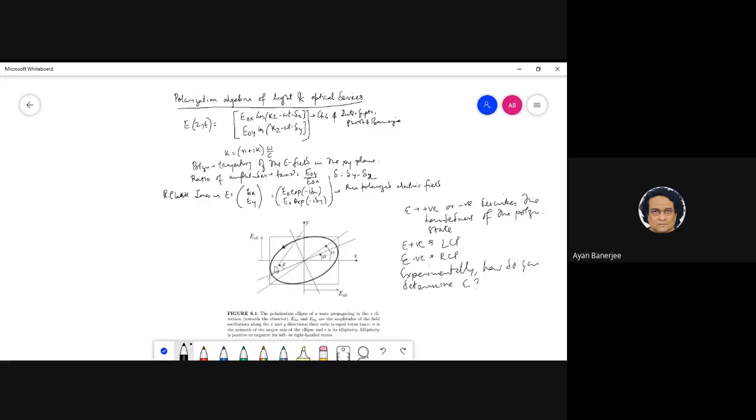And epsilon, or the ellipticity, is the angle you get when you join these two. That gives you the ellipticity. This is the major axis, this is the minor axis. You take this end, and this is the angle. When this is 45 degrees, then you will get a circle.